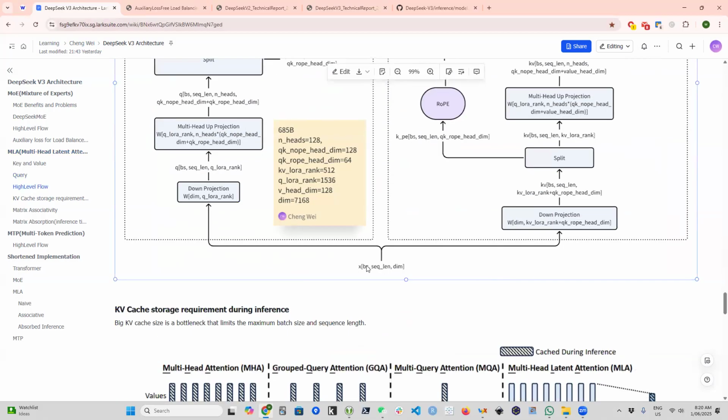What is this dimension? It is the embedding dimension. For example, it's 7,000. The embedding dimension is quite large.